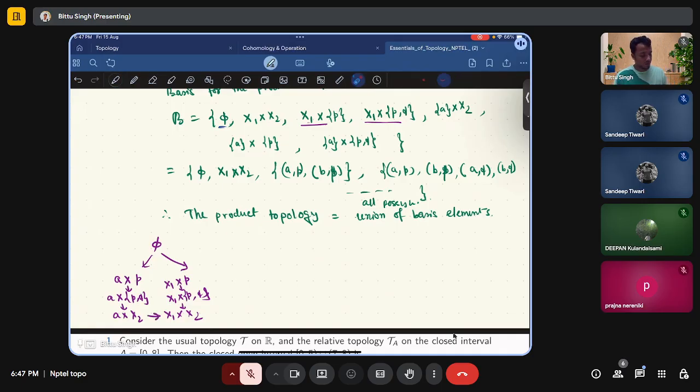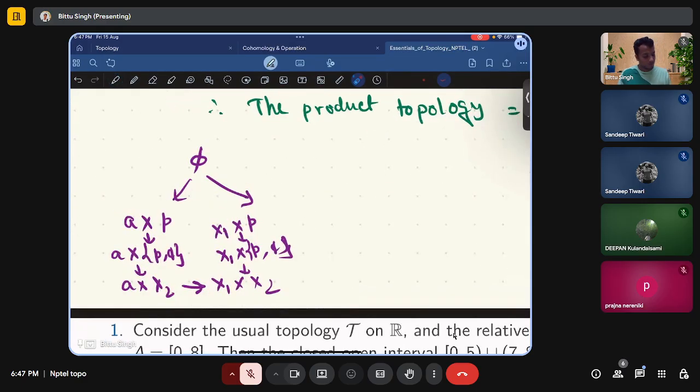Note that if you take union of those two things, it will be the larger one, right? Can you see all those elements? If you take union in any chain, in this direction, it will always be the larger one. Similarly, union of those three things will give the greatest one. So we will not get anything new.